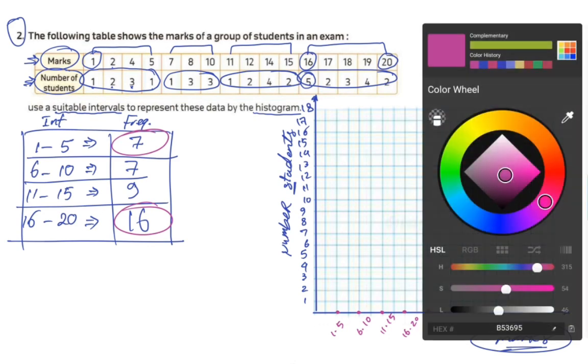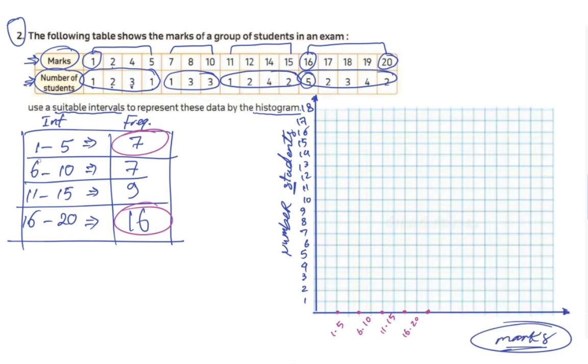Now let's draw. First interval from 1 to 5, I have 7 frequency. Where is 7? Here. So I will draw a line from here and draw them as a rectangle.